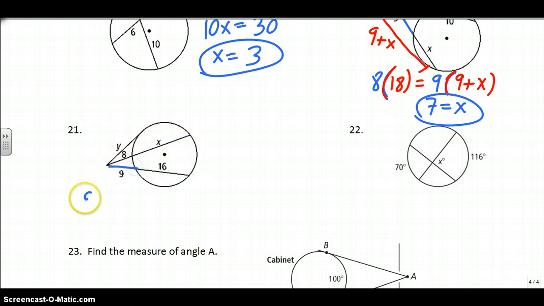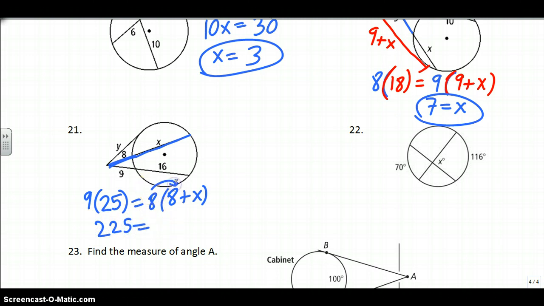Again, take the part that's outside times the whole segment, which is 9 plus 16, which is 25. That equals the exact same thing in the other. You take 8 times the whole segment, which is 8 plus x. 9 times 25 will be 225, and that equals, you distribute, so we get 64 plus 8x.